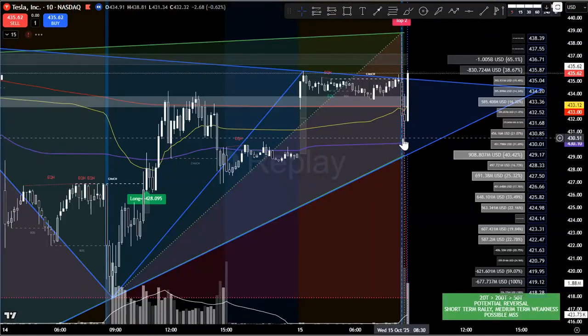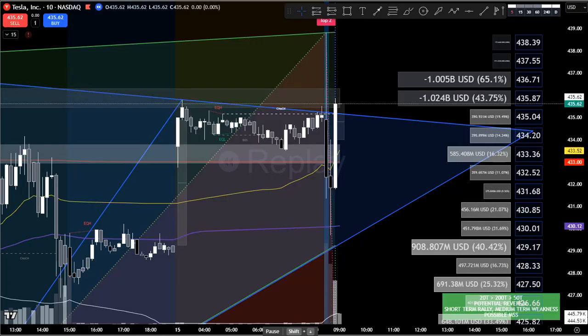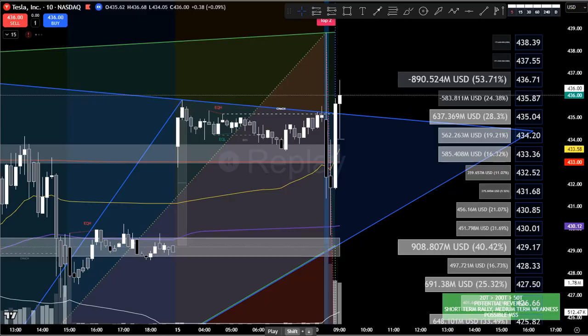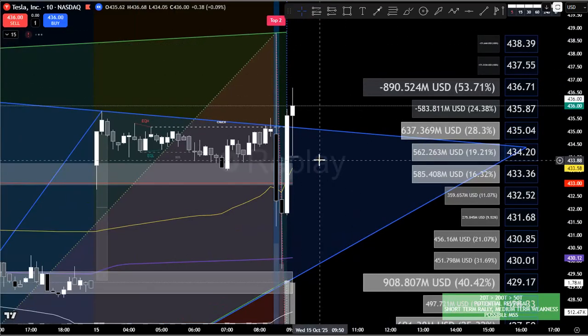That's 1, that's 2, that's 3, and that's 4. You have 4 candles, so 1, 2, 3, 4. Break higher, long, break lower, short.